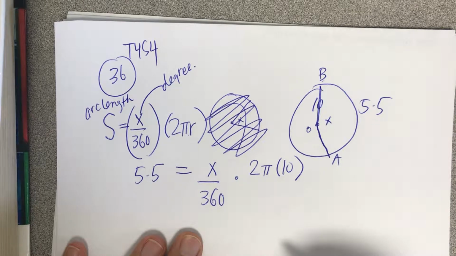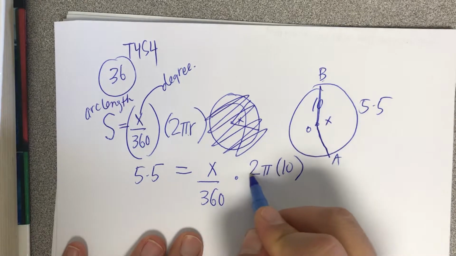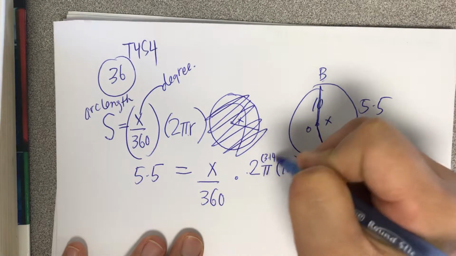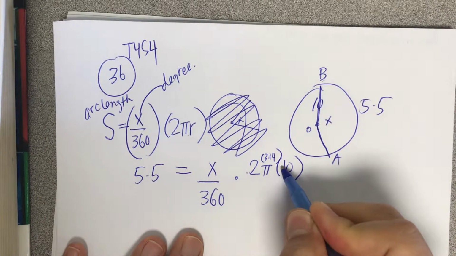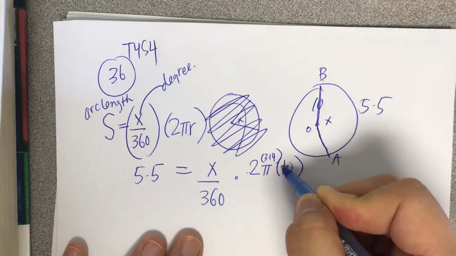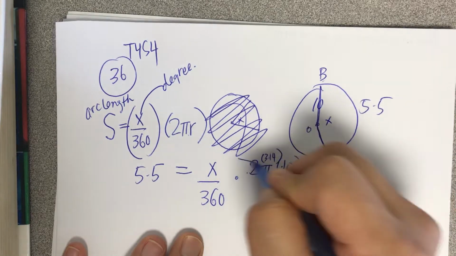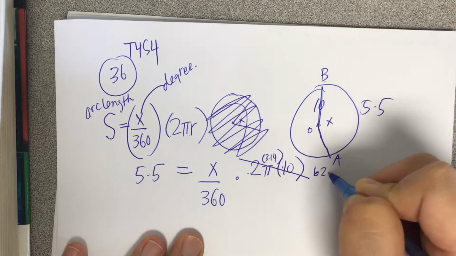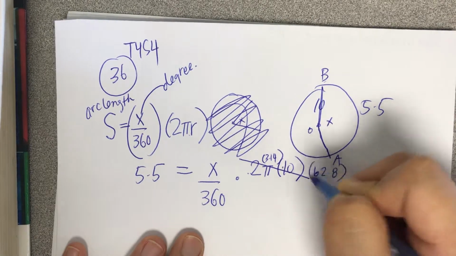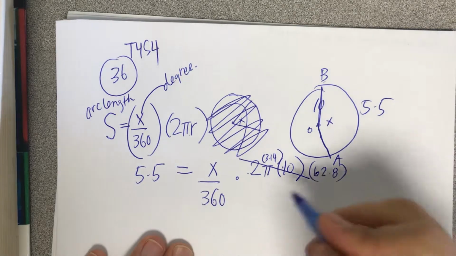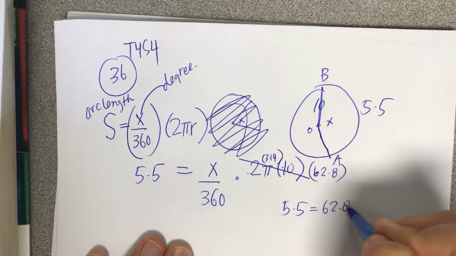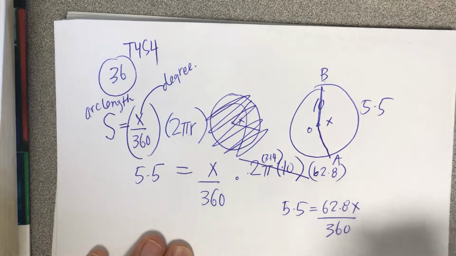So from here, I just took a calculator and multiplied 2 times 3.14, which is pi, times 10, and I ended up getting 62.8. Okay, so now I have 5.5 equals 62.8x over 360.